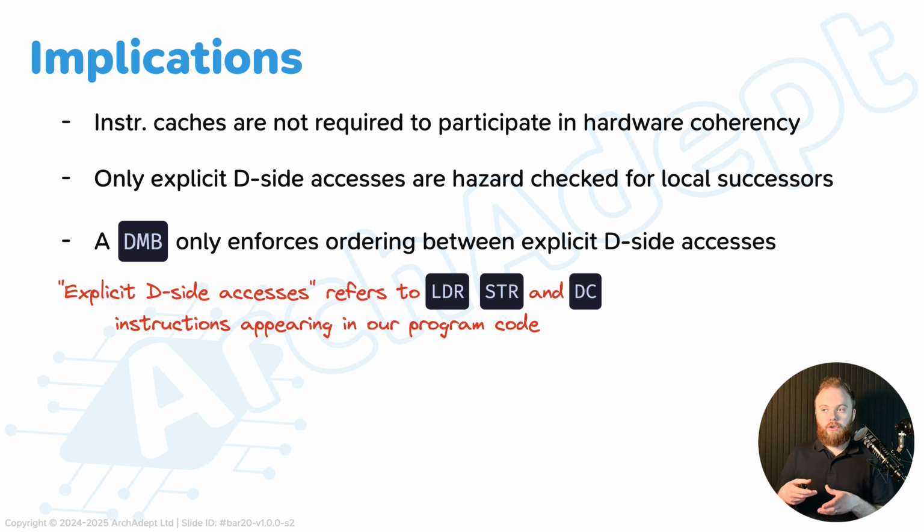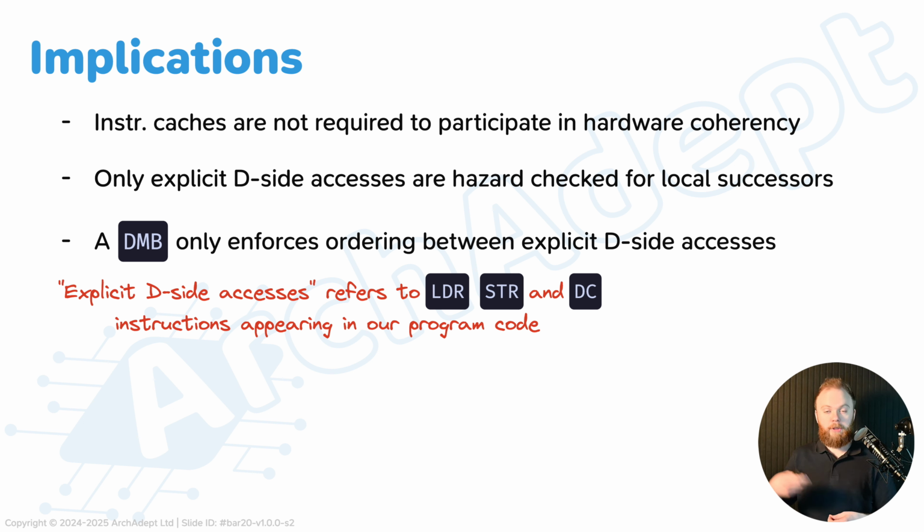However, it's only explicit D-side accesses that are actually hazard checked for these local read and write successors. So if we have two accesses being made to the same location and at least one of those accesses is coming from the I side or the TLB side, then the CPU is not required to keep those two accesses in order, despite them being to the same address.